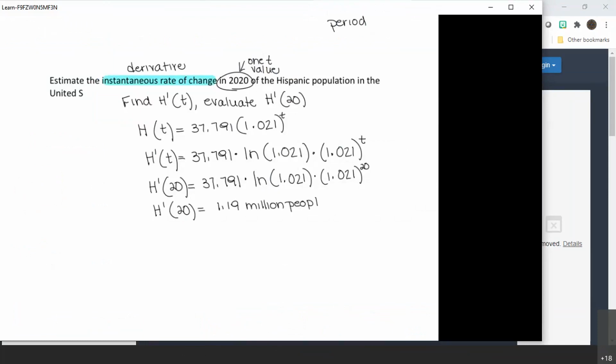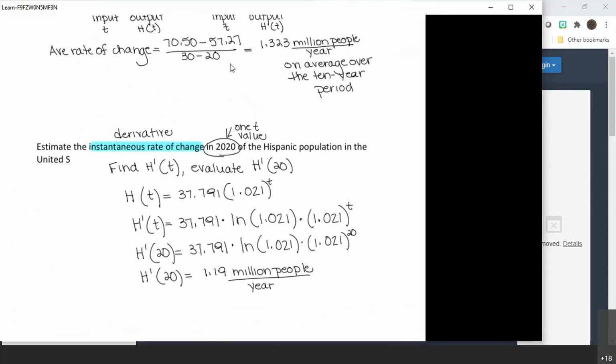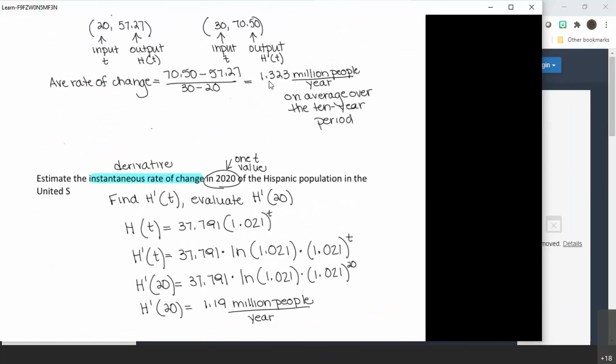Because it's a rate just like the slope was. So again, on average over the 10-year period between 2020 and 2030, we're seeing a larger rate of change. Here, going from 2020 to 2021, we're approximating an increase of about 1.19 million people, or 1,190,000 people.